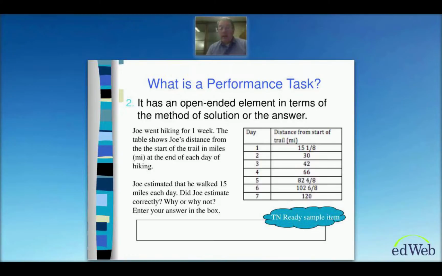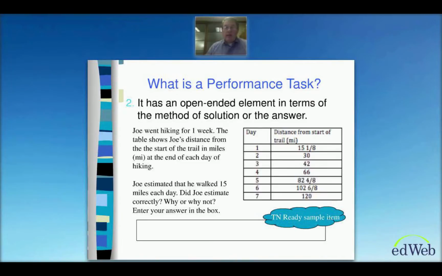If you look at the way it's set up, the information in the table provides the distance not that Joe hiked each day, but the distance from the start of the trail. So, in other words, on day 2, the 30 represents not how far he went on day 2, but how far he went on the first 2 days. So that unusual set is something that makes the problem different.